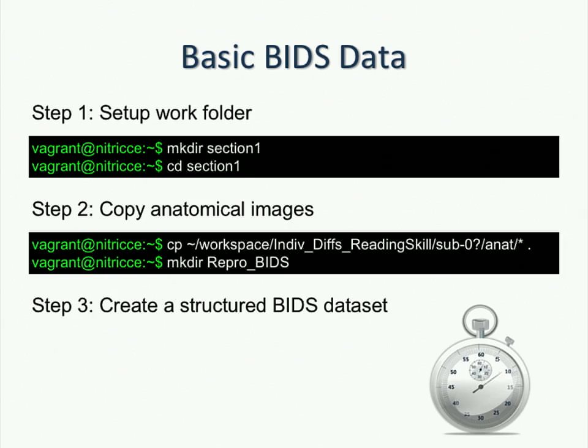Within the reprobids folder, there should now be 9 subfolders with the subject identifiers, and then there should be an anat folder within each of those directories with the anatomy file in that folder.